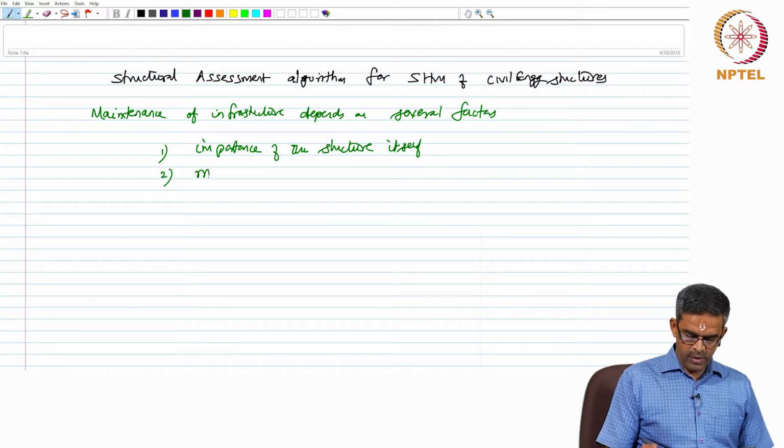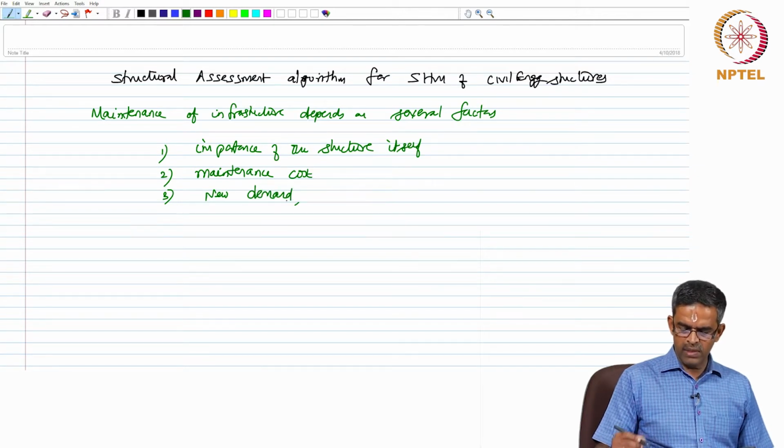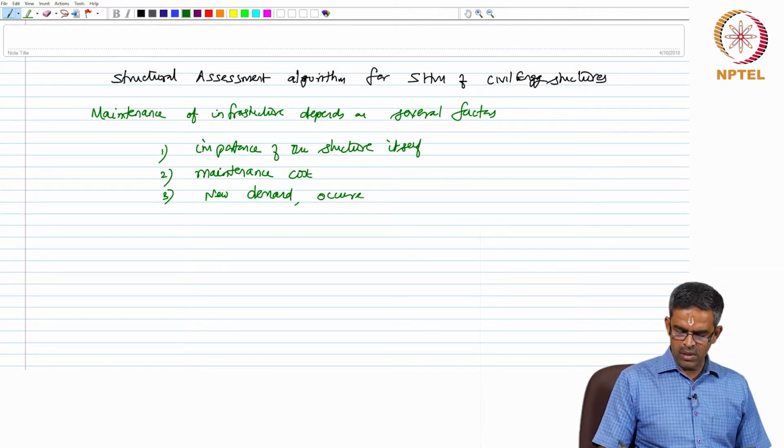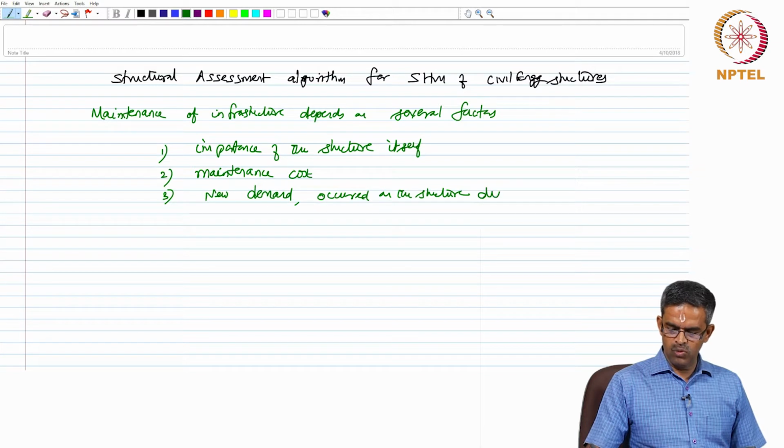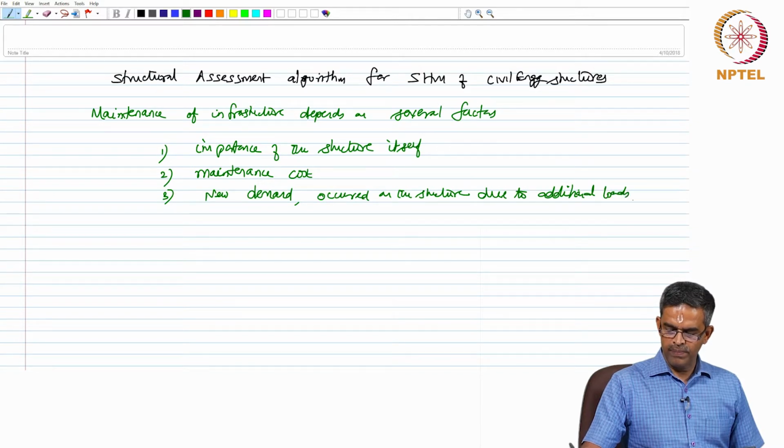Two, cost of maintenance, and three, the new demand which has occurred on the structure due to additional loads, if any.